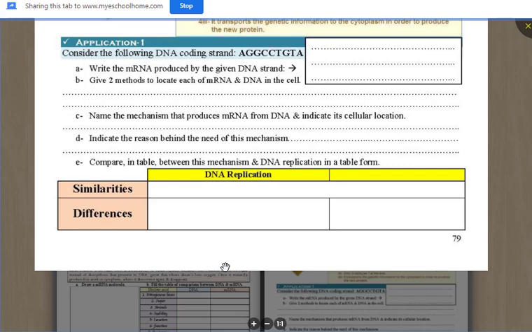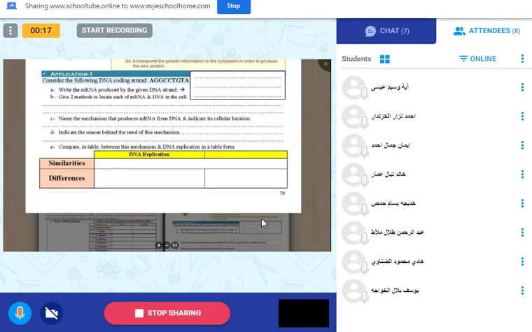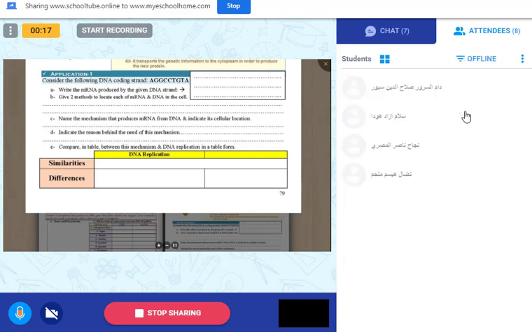Please, if you have the book, put two lines under the word coding. Let's put lines under the word coding.